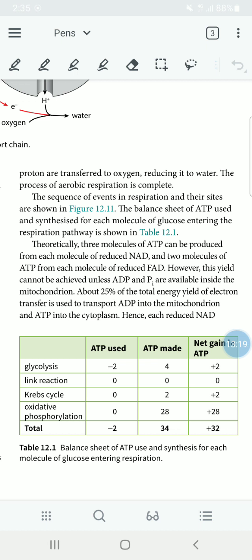Next point, however, about 25% of the total energy yield of electron transfer is used to transport ADP into the mitochondrion and ATP into the cytoplasm.